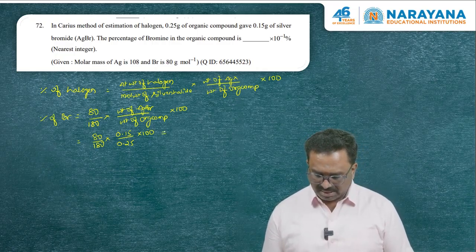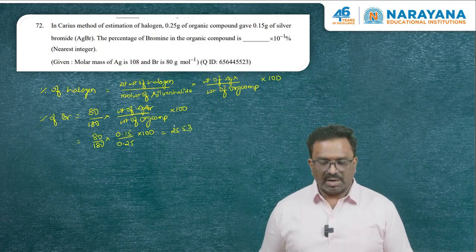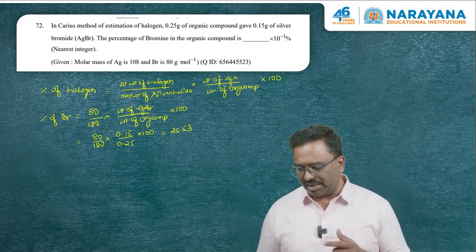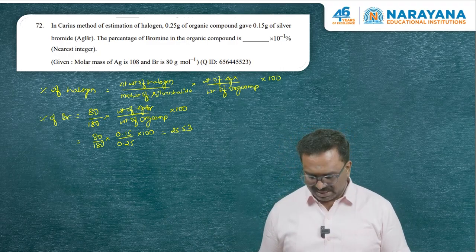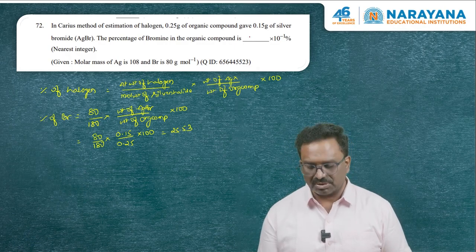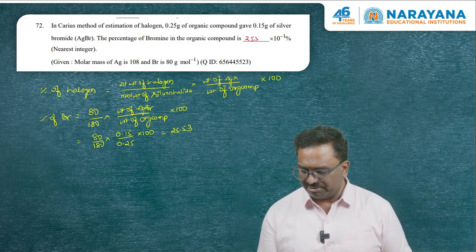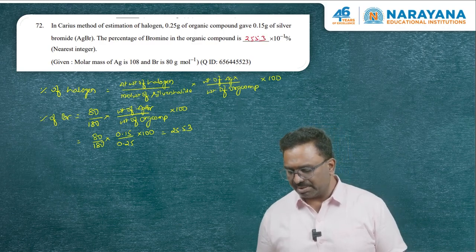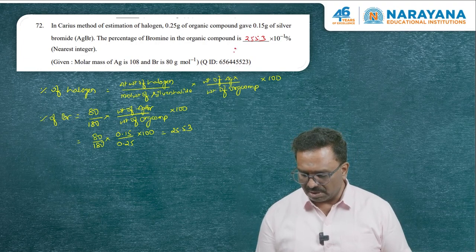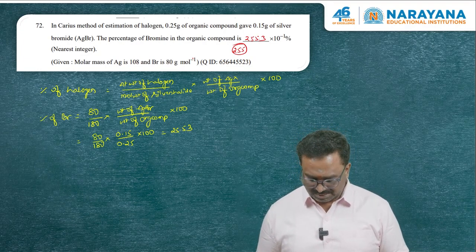So this is nearly 25.53. But what is given is we have to represent that in terms of into 10 to the power minus 1 percentage. So here you can identify this is 255.3 into 10 to the power minus 1 percentage. Nearest integer we have to round off, that is 255 is the nearest integer.